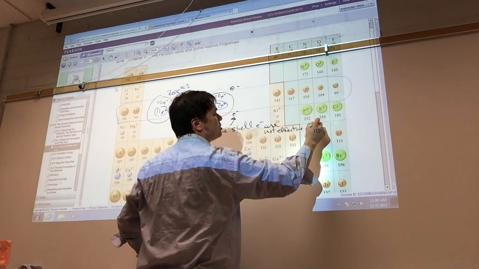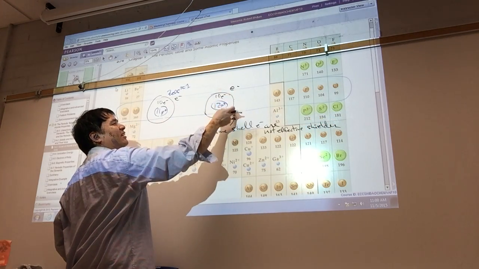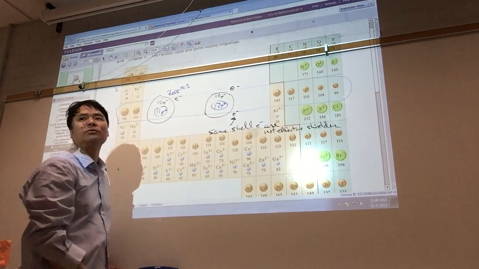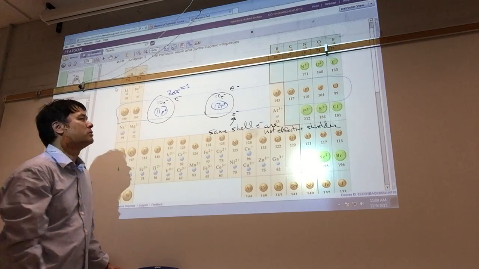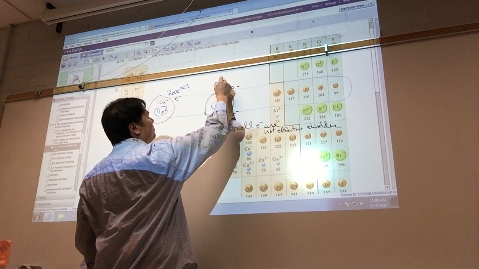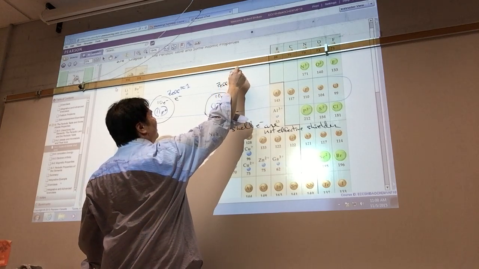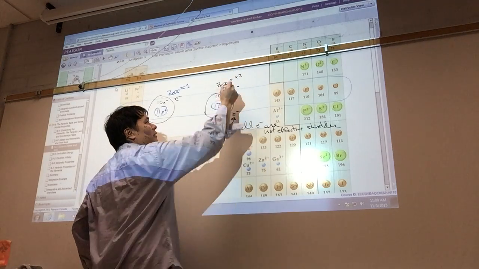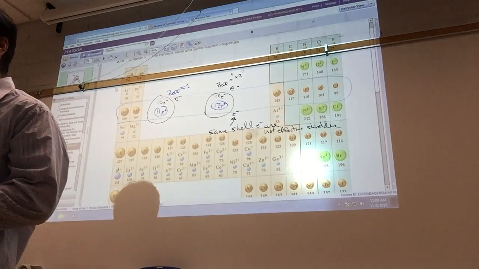They will shield some of the charge because a same shell electron can come in and block the charge, but essentially this electron is going to see closer to plus 2 than plus 1. So in other words, this is very crude: Z effective is going to be plus 2. Not very accurate. It's closer to 1 point something.